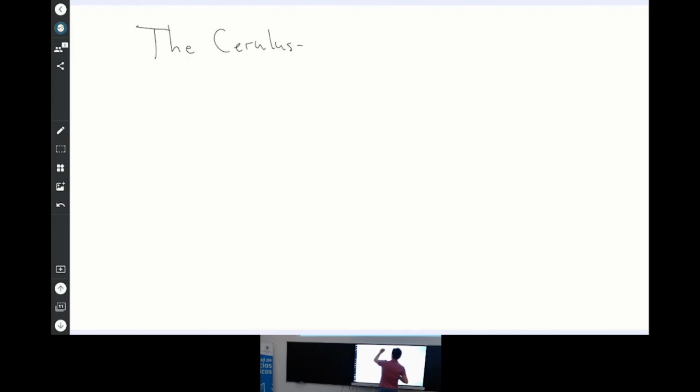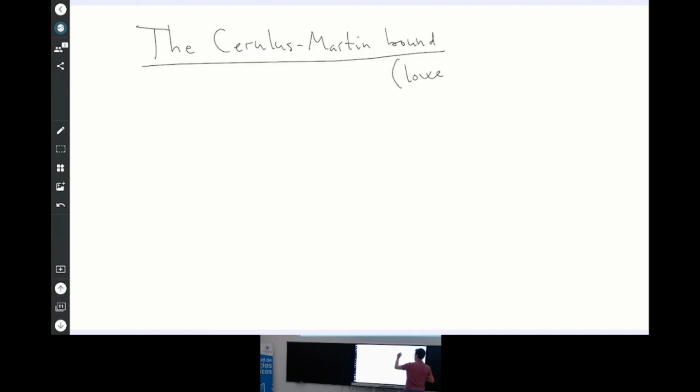There is this thing in the literature called sometimes lower bound on scattering at fixed angles. It is not a lower bound on scattering at fixed angles. That's what I would like to say.